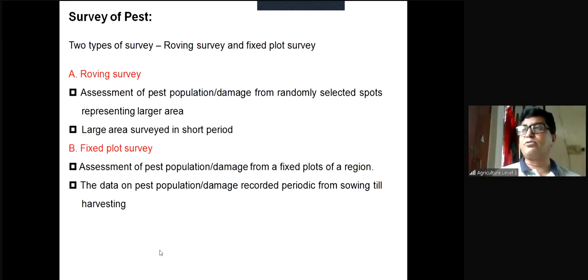For example, January to December, 12 months, we can compare every month with each other. How long will we make the survey? From seed sowing to harvesting, or planting to harvesting. So this is called fixed plot survey. Clear?